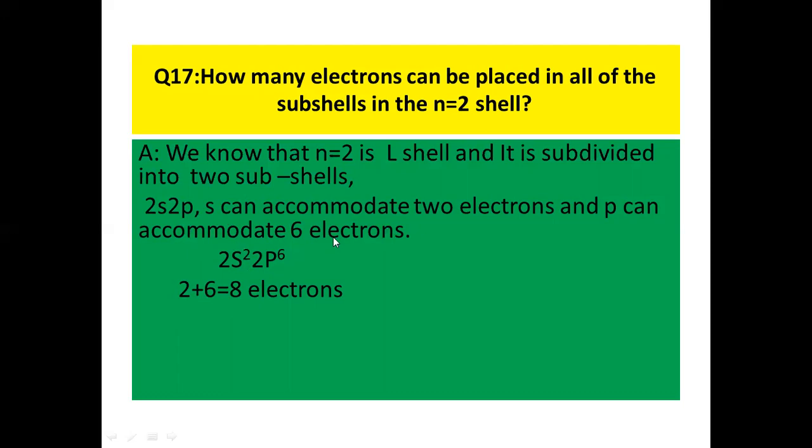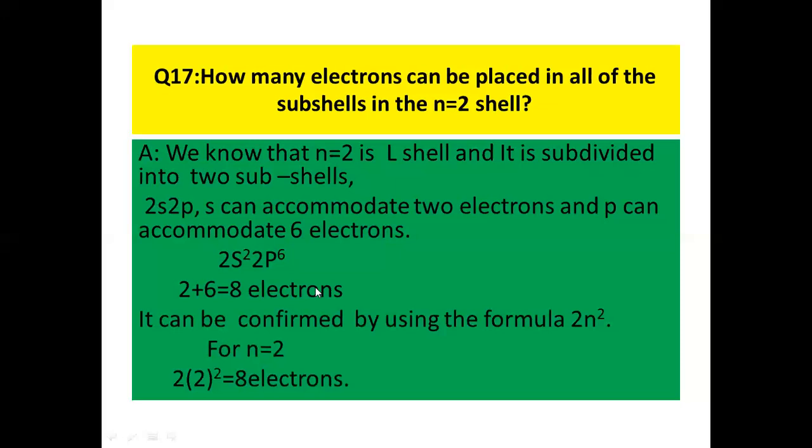To confirm whether 8 electrons is correct or not, we can use the Bohr formula, which is 2n squared. By using the 2n squared formula, we will confirm whether the second shell can accommodate 8 electrons or not. The n value is 2.